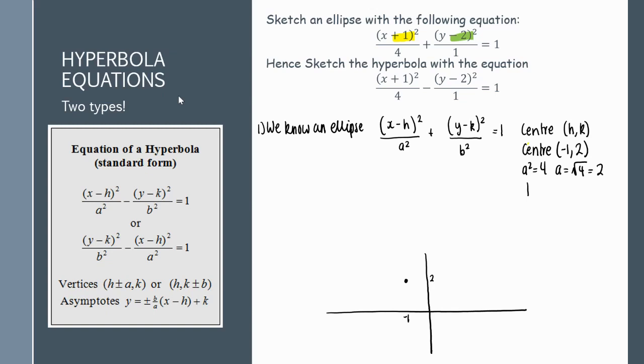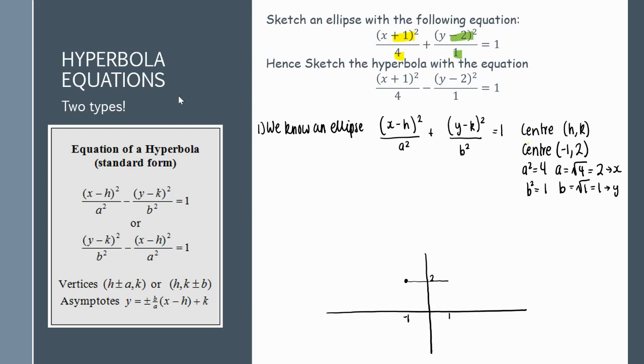We have that a squared is 4, so I need to find a, the square root of 4, that's equal to 2. We know that b squared is 1. That means b is equal to the square root of 1, which is just 1. These two things tell me kind of like the x radius and the y radius of my ellipse.